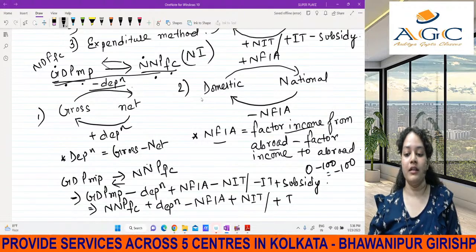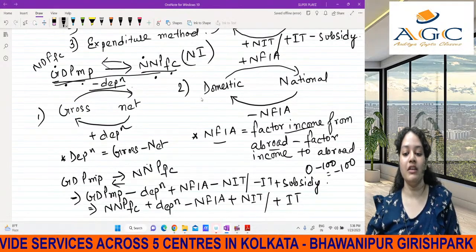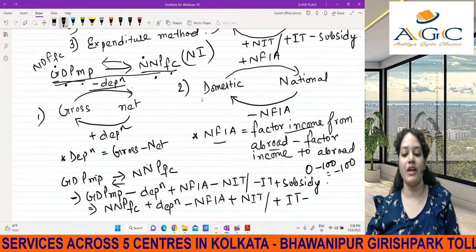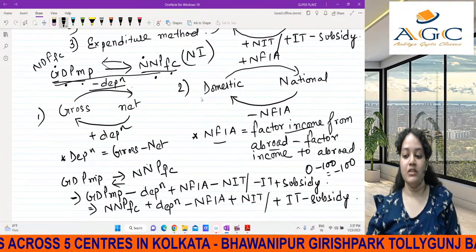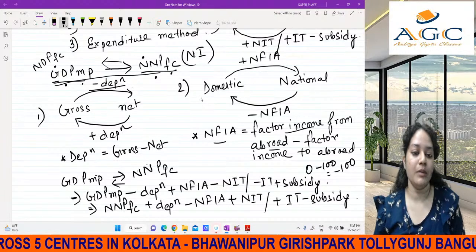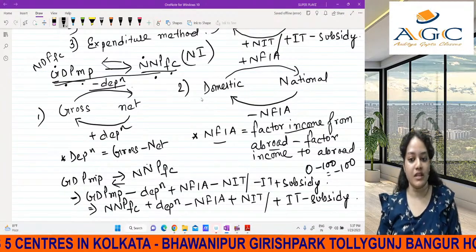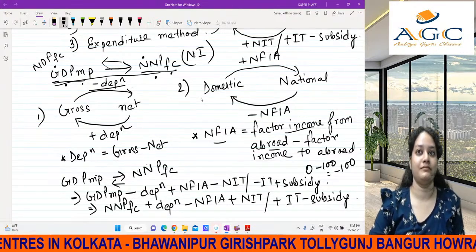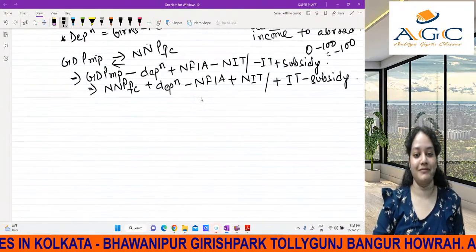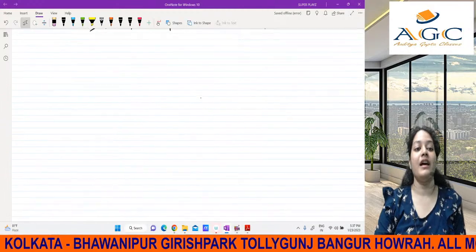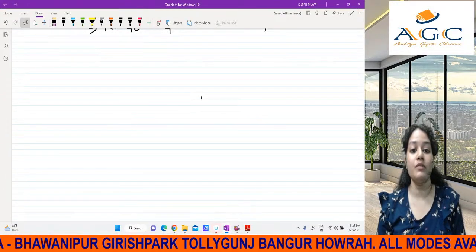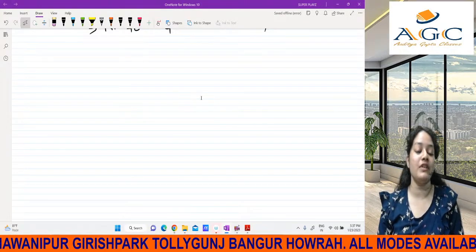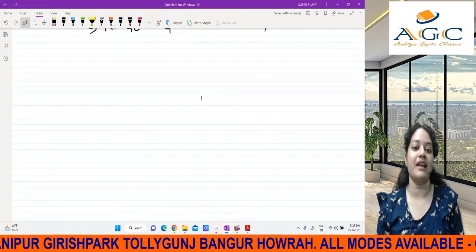Or if you are not given NIT directly, you will be given your IT and subsidy, so you add your IT and deduct your subsidy. These are the few things you have to keep in mind before starting on the sums. I hope it's clear, because if you do not know these formulas, the sums will go wrong.